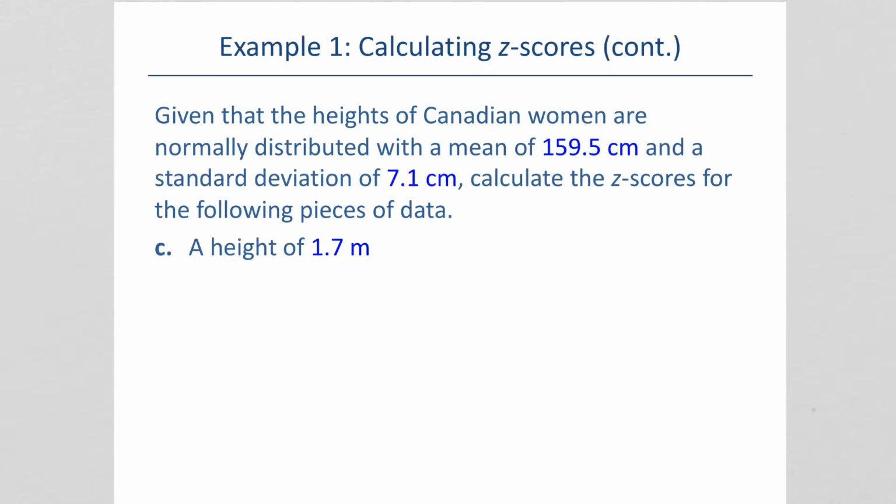And a height of 1.7 meters, well, first of all, we've got to change that to centimeters. There's 100 centimeters in a meter, so be careful with this. Everything else is in centimeters, so we have to make sure that our data value is also in centimeters. So that's 170 centimeters.